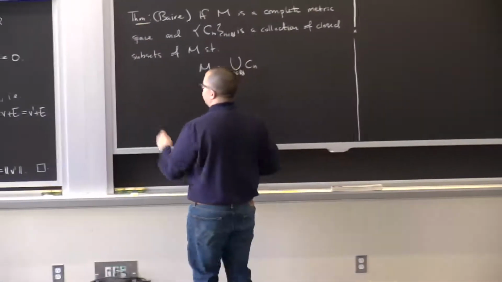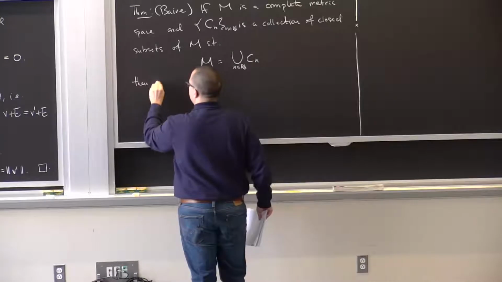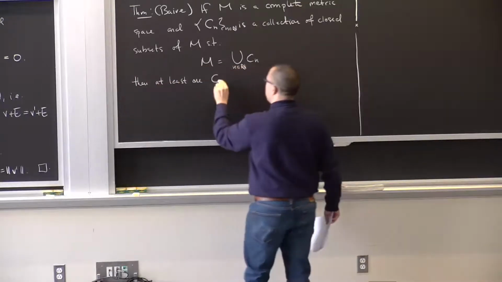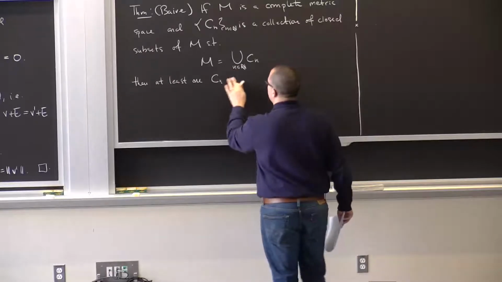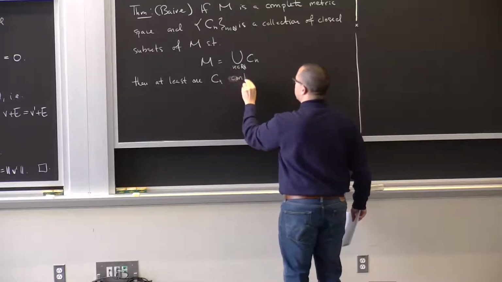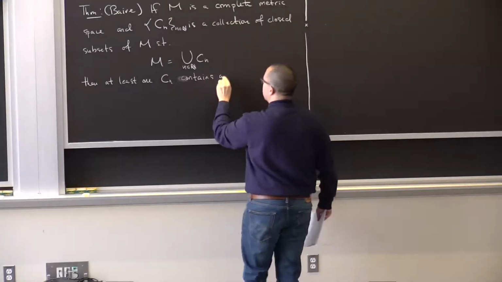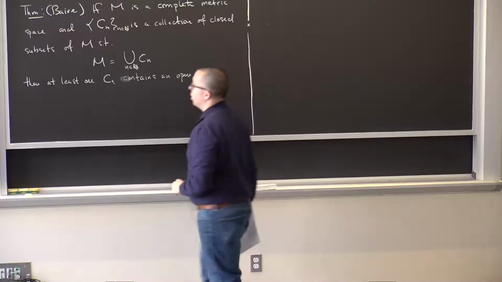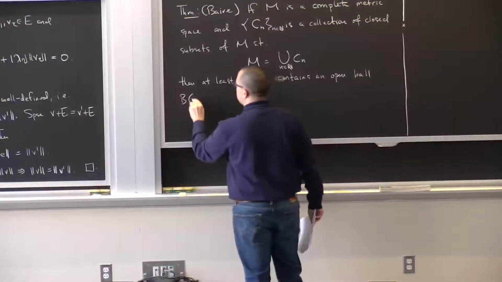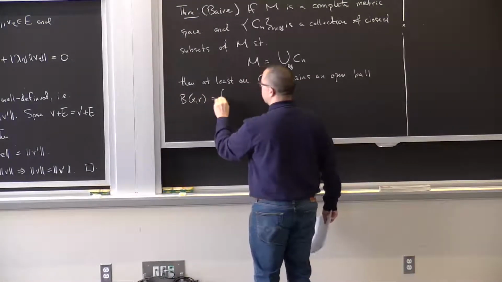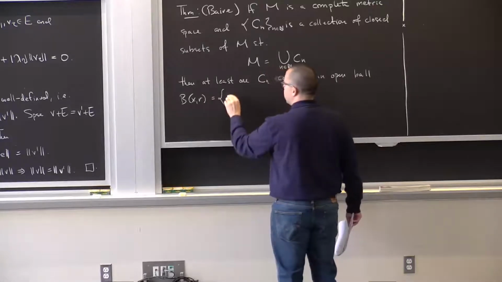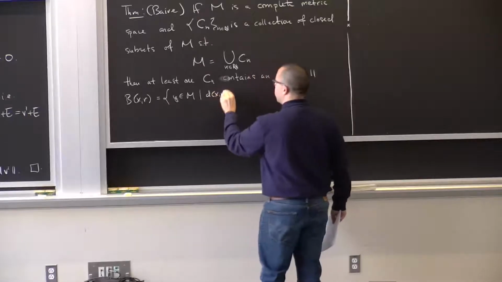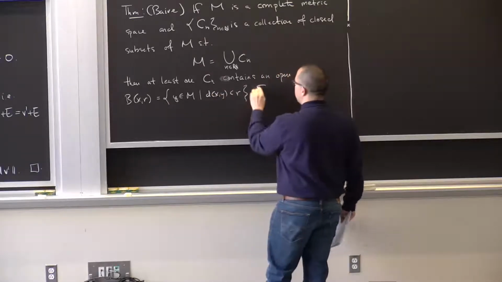then at least one Cn contains an open ball, B(x, r), which I'll recall is the set of all y in M such that the distance from x to y is less than r.